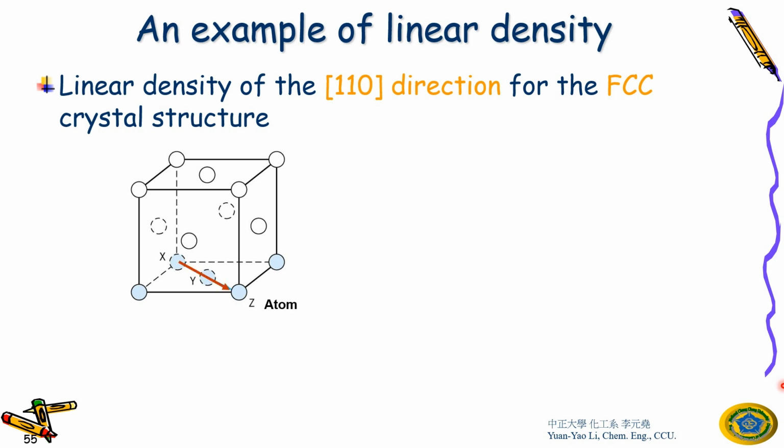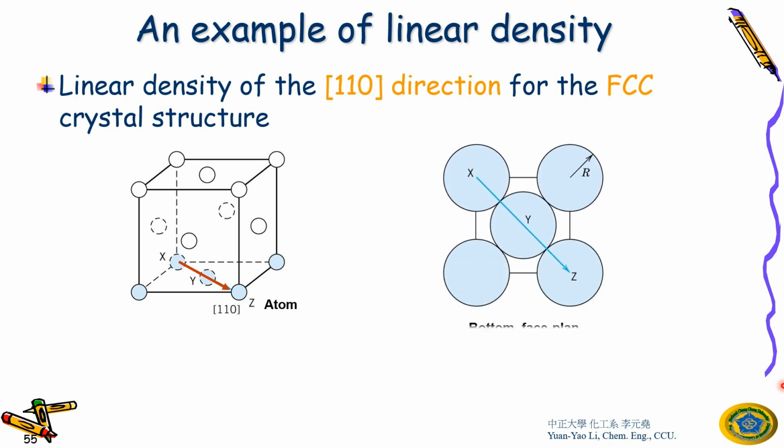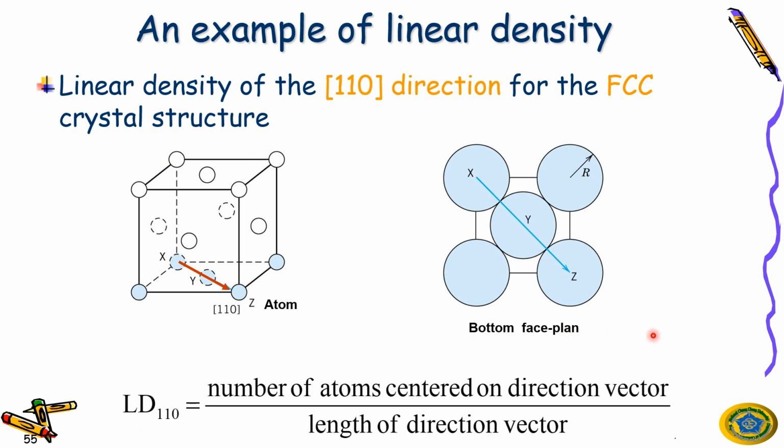Okay, if I give you the direction, if I give you the definition, so if we take a look in the two-dimensional repeat unit, this is the two-dimensional repeat unit, right? So this x, y, z here, or you can put it on the bottom face or a top face plane. That's both okay, right? So how many atoms pass through this vector?